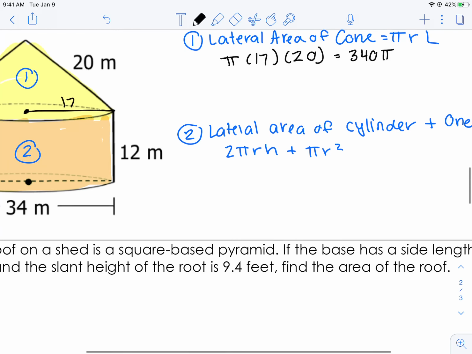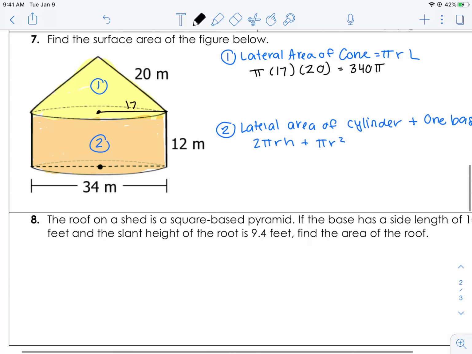Okay, and then I'm going to do the lateral area of the cylinder and only one of the bases. Okay, because the top base is, again, hidden, you don't see it, so you can't count it. Okay, so I have 2 pi times 17 times the height of the cylinder, which is 12, plus pi times 17 squared.